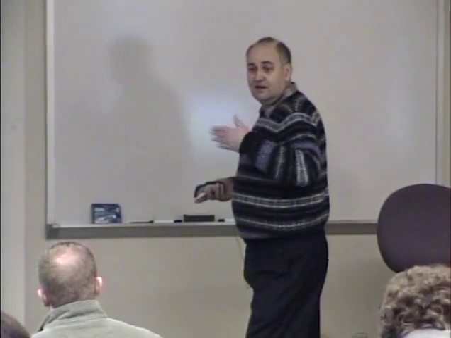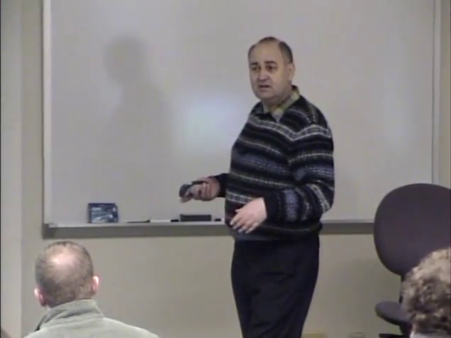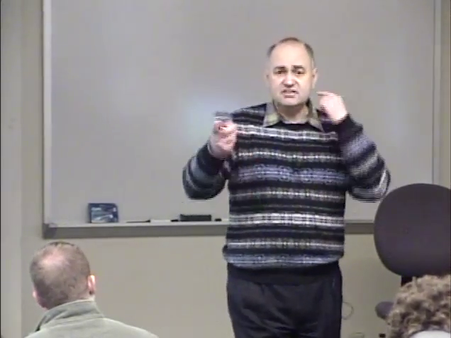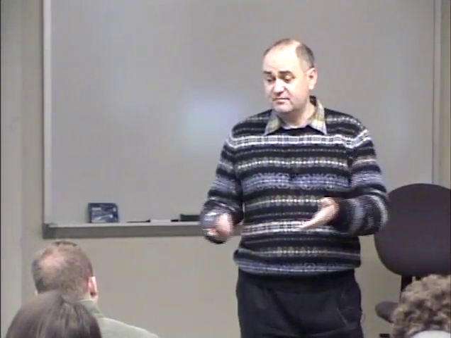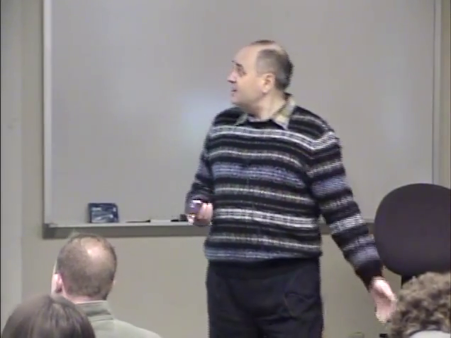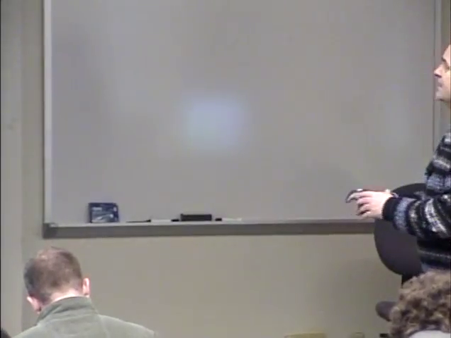Because if I move away from a person at 1 meter per second, how fast is he moving away from me? Also 1 meter per second. If I consider velocities, we have opposite velocities. So my velocity in his reference frame is opposite to his velocity in my reference frame. Do you see that?